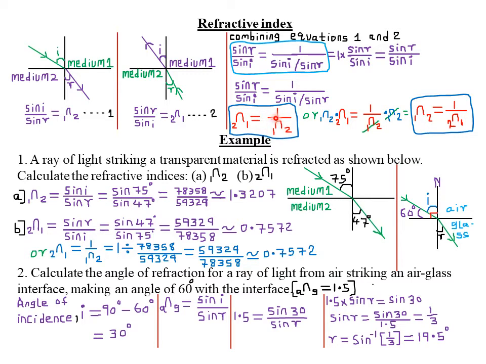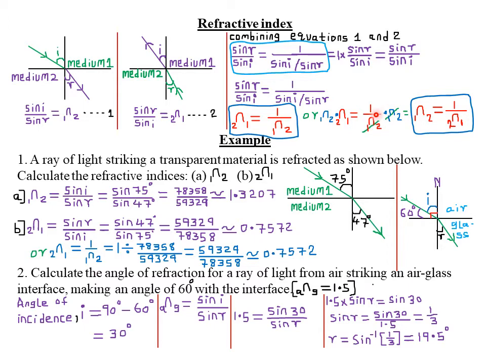The same equation can also be expressed as follows. We can multiply on both sides by n1 to 2, to eliminate the fraction. If I multiply both sides by n1 to 2, I'll have n1 to 2 times n2 to 1 being equal to 1 over n1 to 2 times n1 to 2.